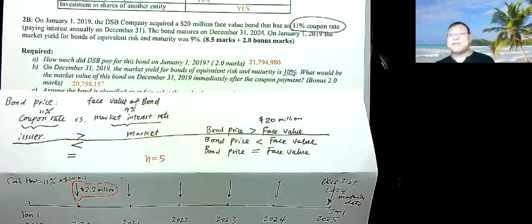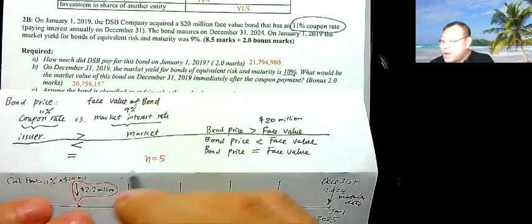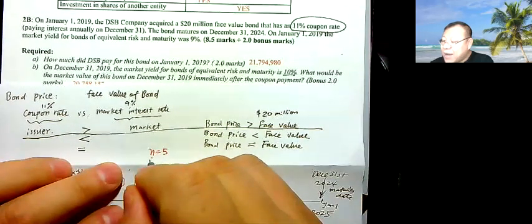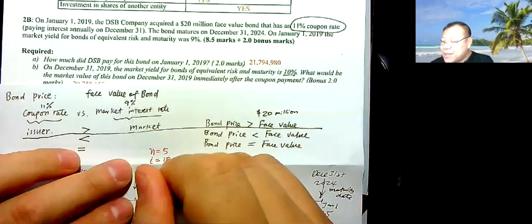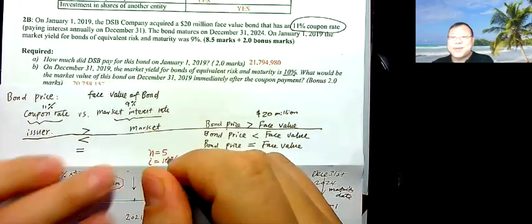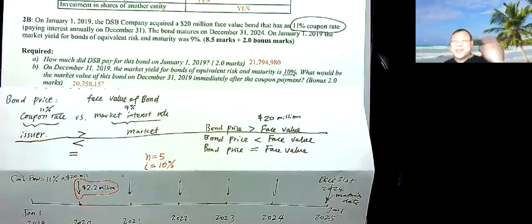N equals 5. Now, at this time, the market interest rate also changed, so your I equals 10% now. That's all you need to know.